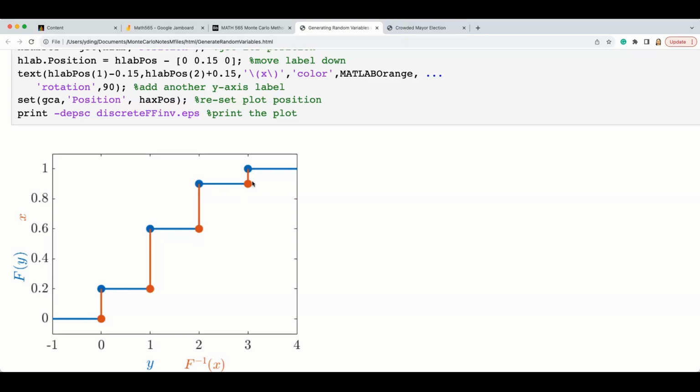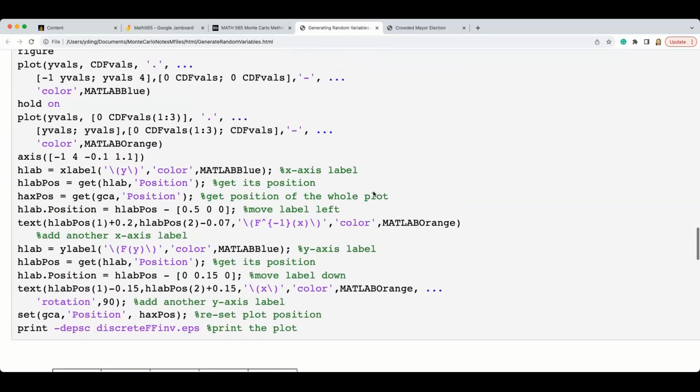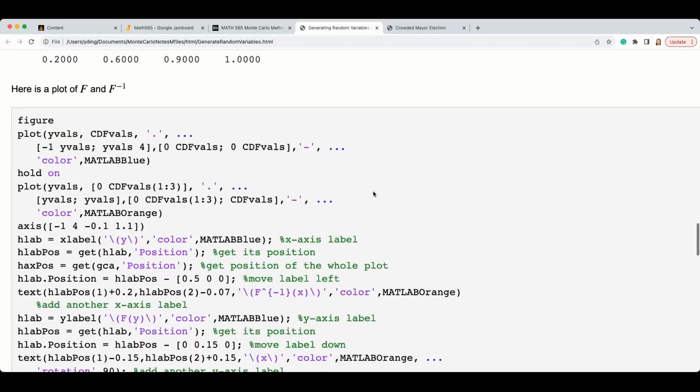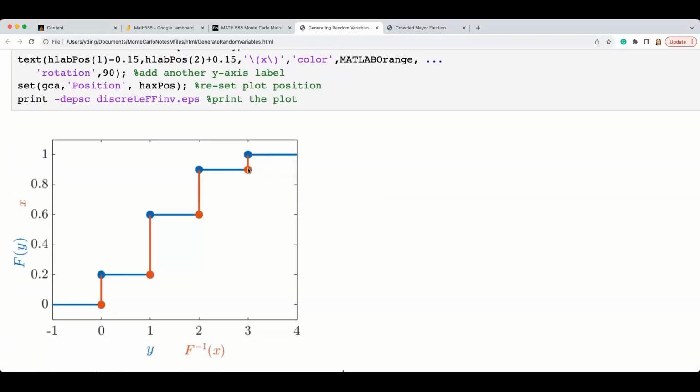If you start from 1 to here, this is actually 0.9. So if it's from 0.9 to 1, you will get the value 3, because 3 is the smallest value that can reach that probability. But when you move to 0.8, then you should choose 2, because that's the one from 0.6 to 0.9. So you will get that. Is that okay?